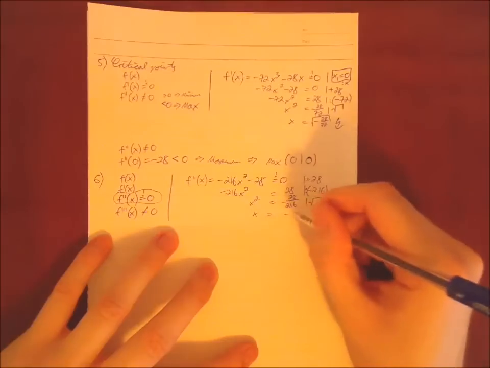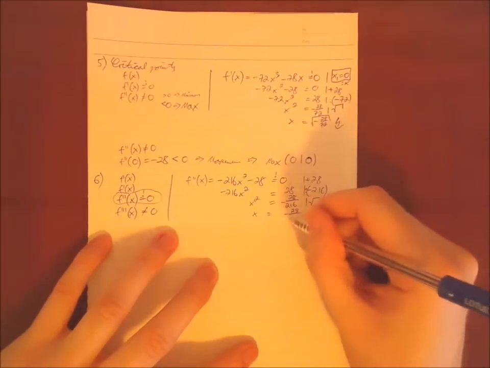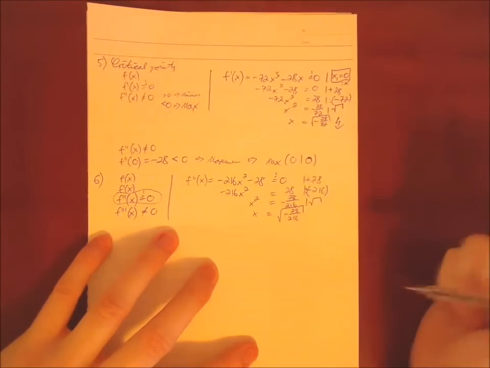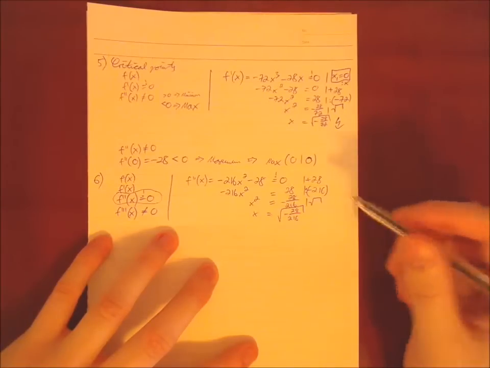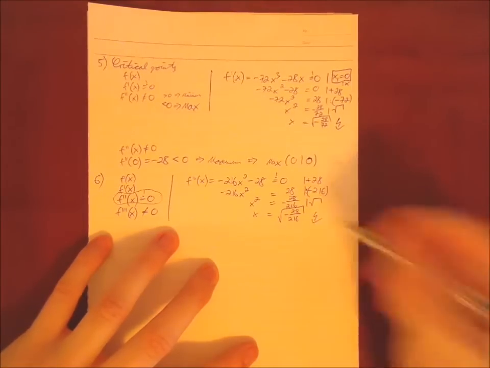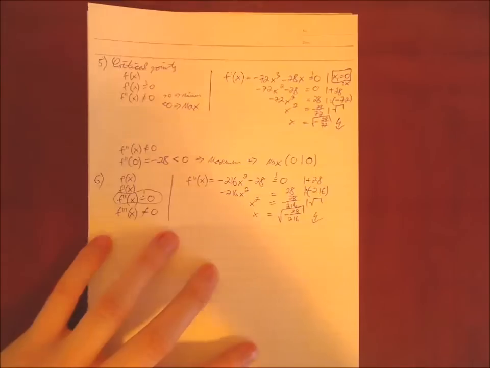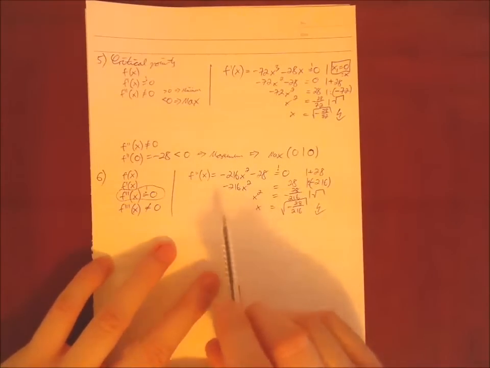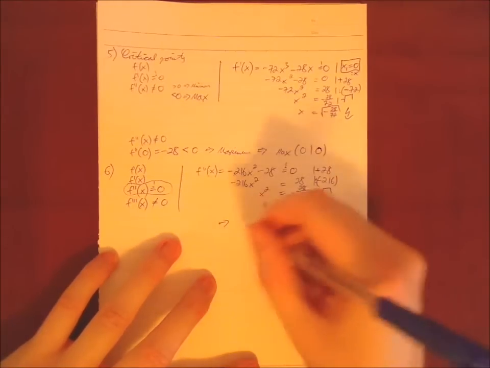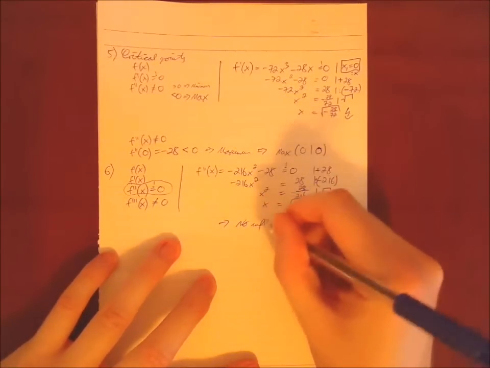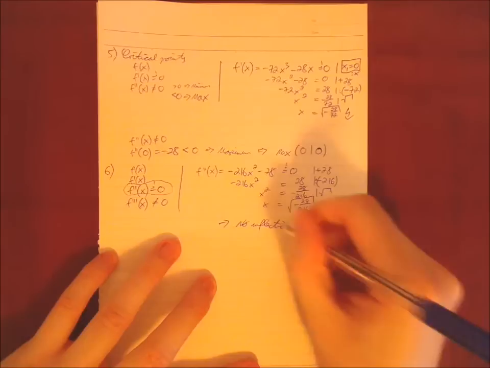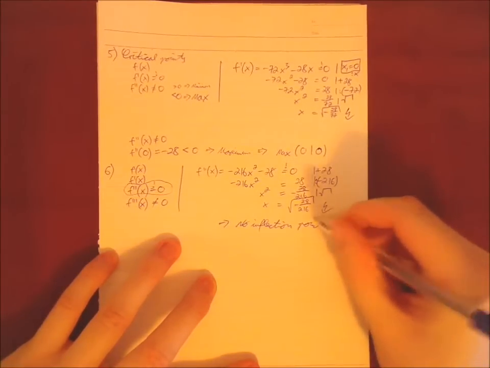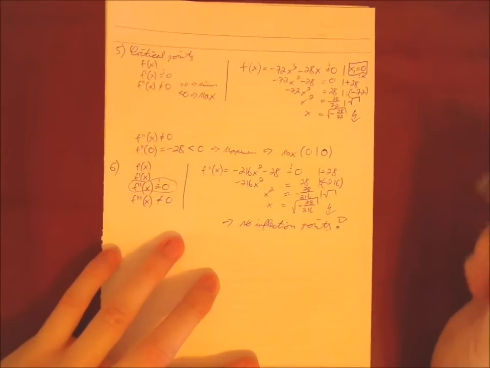X is the square root of minus 28 divided by 216, and we know, okay, square root of a negative number does not really work. So we see there are no possible candidates for inflection points. Then we can say, okay, no inflection points. So this part is also solved.